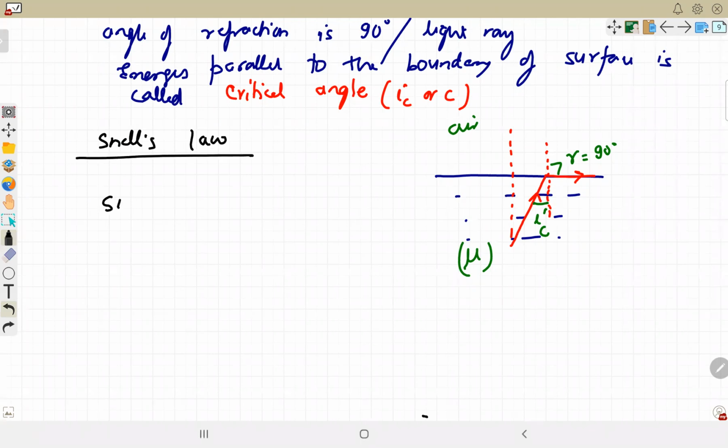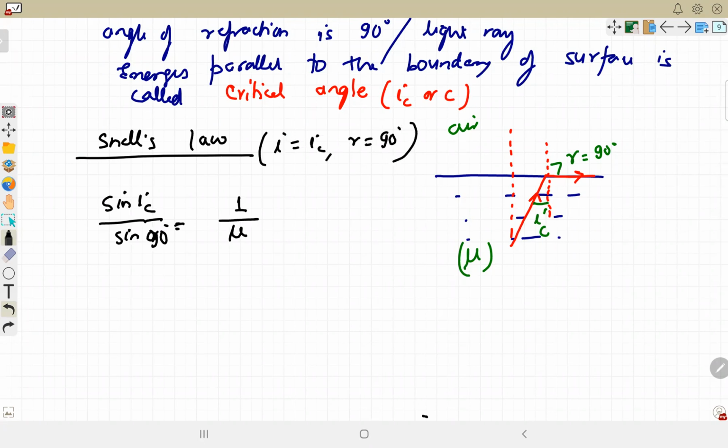Snell's law होता है sin I by sin R is equal to refractive index of the medium in which light goes divided by refractive index of medium to which light comes. So here R is 90 degree. Angle of incidence is IC and angle of refraction is 90 degree.